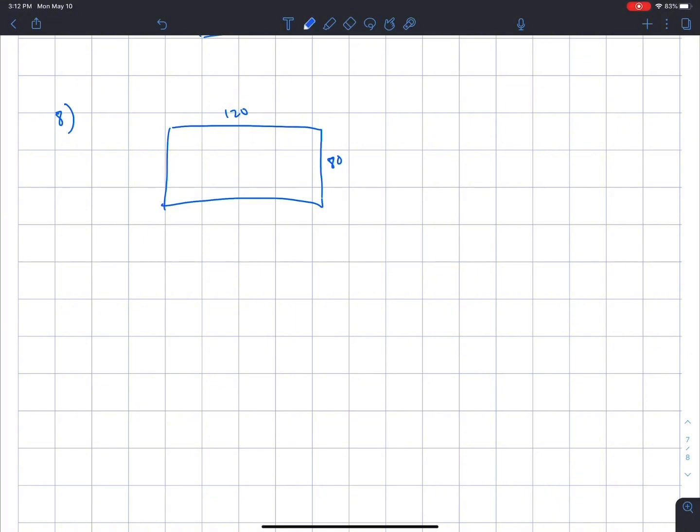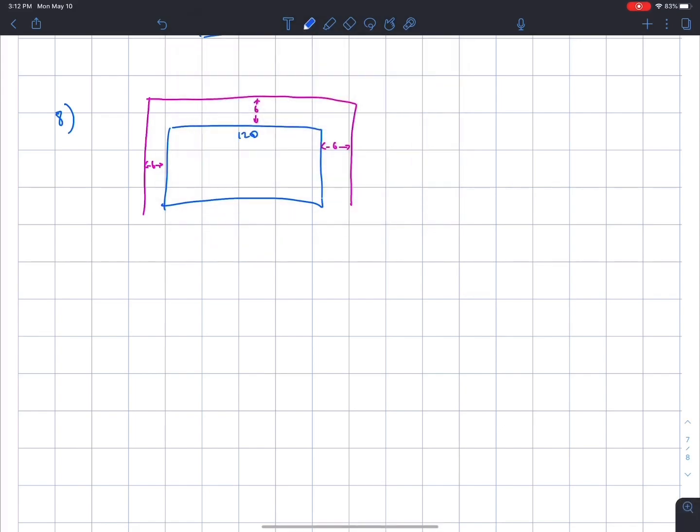So maybe I'll draw the picture frame in pink. So here's the picture frame. It leaves a margin of 6 at the top and each side of the painting. So that is 6 and each side is also 6. So maybe I'll write the 120 and 80 inside.